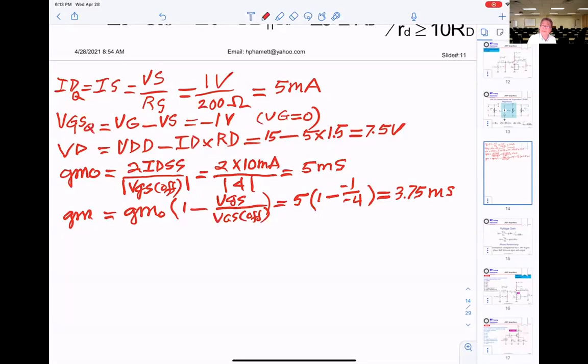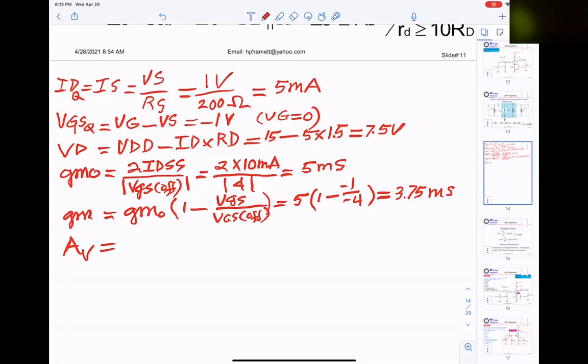Okay. And now they want the gain. Mr. Pham, isn't the equation got a square in it? No, that's under current. GM is equal to GM0 times 1 minus VGS over VGS off. That's for the current, the square is for the current.